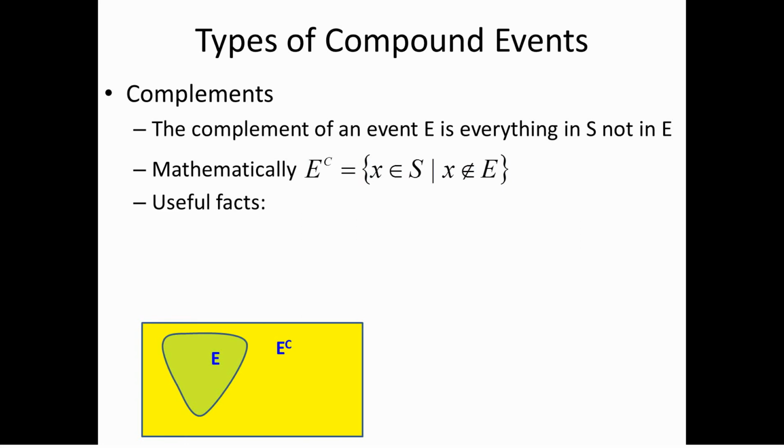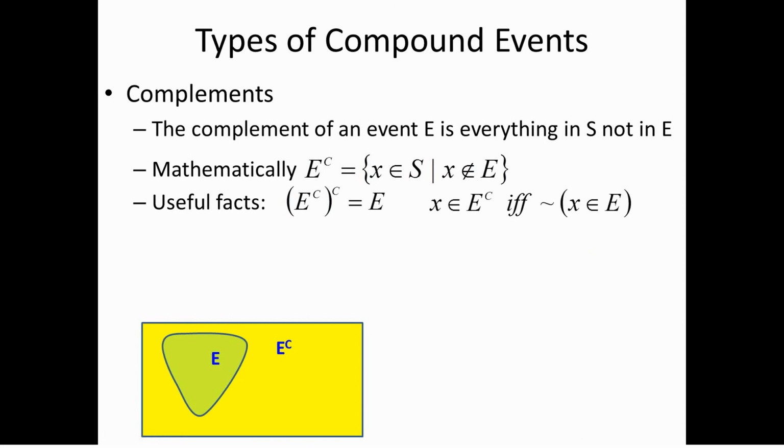Two useful facts about the complement. The first is that if I take the complement of E complement, I get E back. That makes sense if you look at this diagram. What are all the elements that aren't in E complement? That's E. Therefore, E is the complement of E complement. You can see that very nicely.